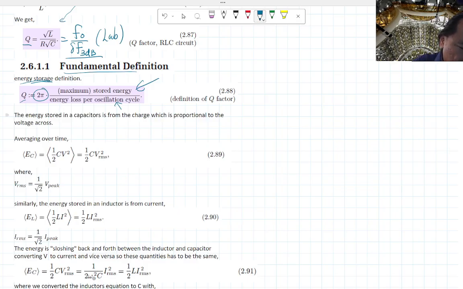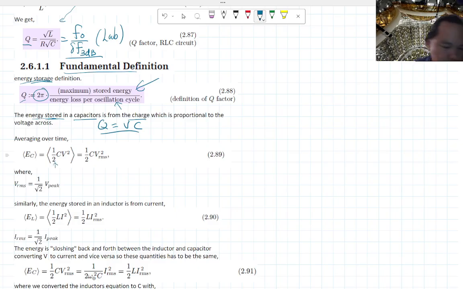For the energy stored in the capacitors, it is actually proportional to how much charge is on each of the plates, and that's proportional to the voltage across that capacitor because of Q = VC. So if you average over time, the amount of energy stored in the capacitor is 1/2 times the capacitor's value times the voltage squared.